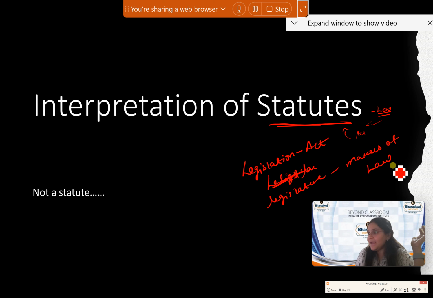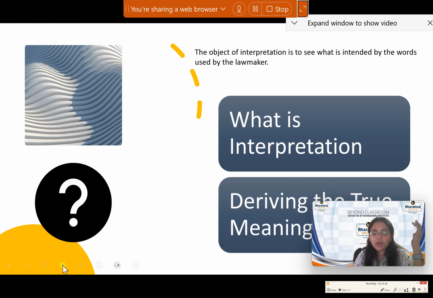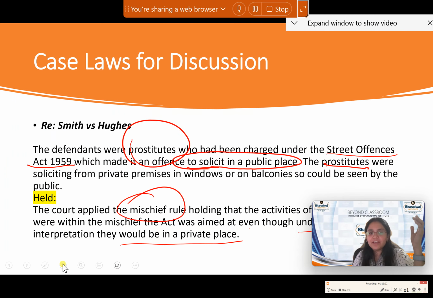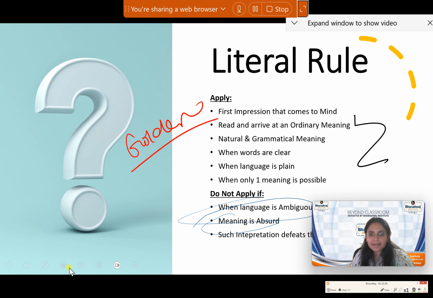So, makers of law, whatever they think in their mind, and when they put it down on paper, that is a statute. So, if you have to understand a statute, see, when you read a novel, we would try to put ourselves into the shoes of the person who wrote the novel to understand the character, isn't it?